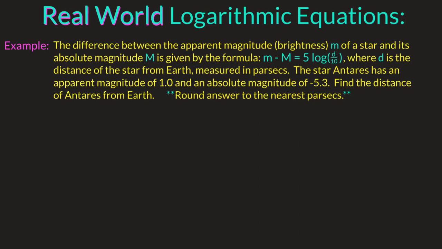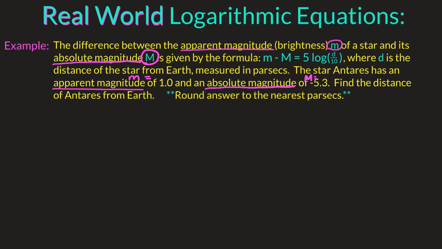The star Antares has an apparent magnitude, and up here it mentions that apparent magnitude is the lowercase m. So we know that m is going to equal 1.0, and it has an absolute magnitude. An absolute magnitude is mentioned up here. It says it's represented by the capital M. So that will be our uppercase M is negative 5.3.